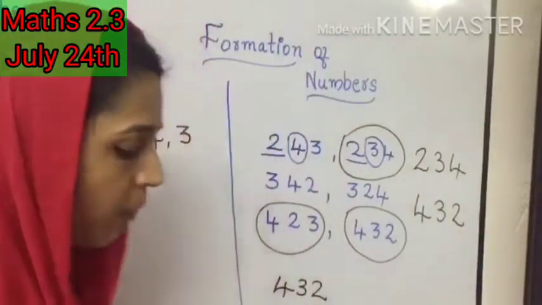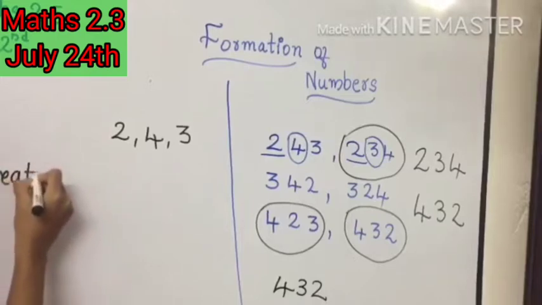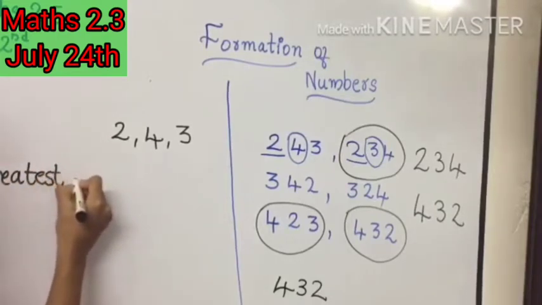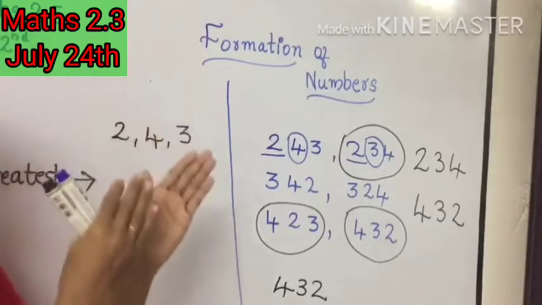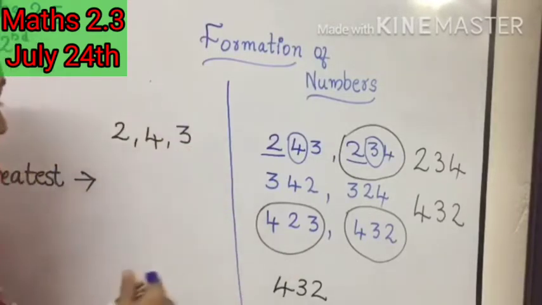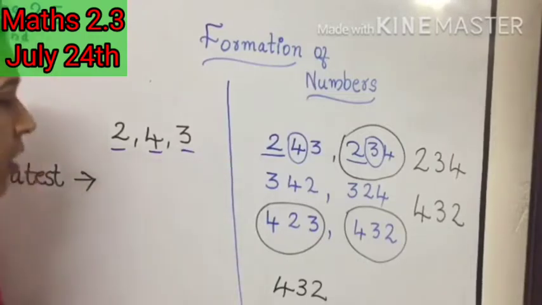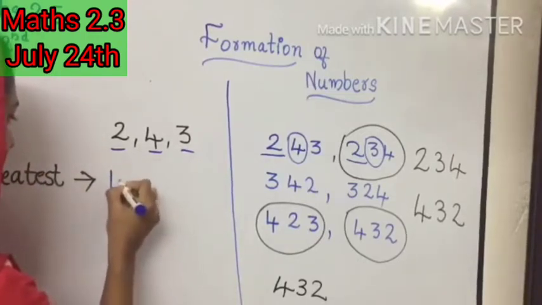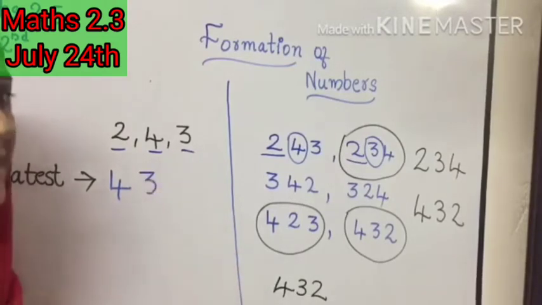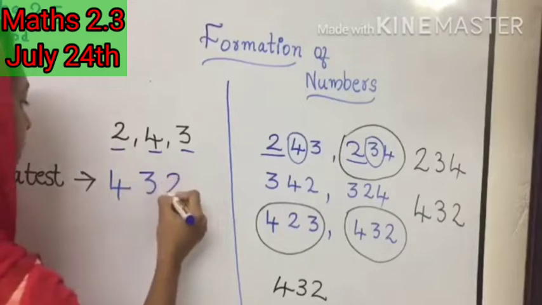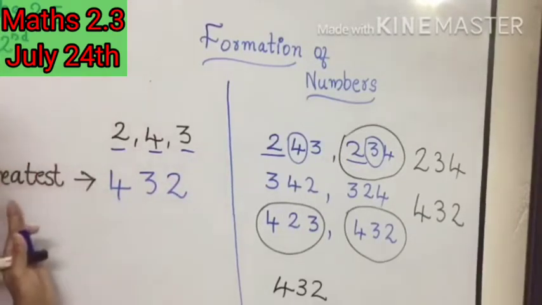So, in order to form the greatest number, we use descending order. That means greater number to smallest number. Here we have 2, 4, 3. Which is the greatest number? 4. First I will write 4. Next greatest 3. And the next greatest 2. So 432 is the greatest number.